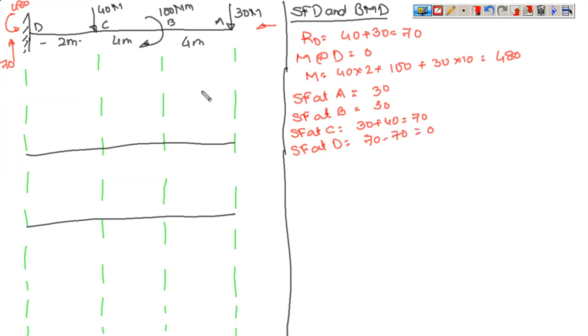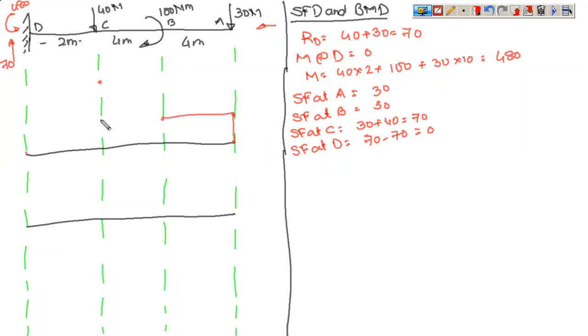So this is 0. So if you draw the shear force diagram, SF at A is 30. So this is 30. SF at B remains at 30. SF at C is 70. And this is 0. So the variation of SF just before A is 0. So it will go like this. It remains constant because there is no force involved.